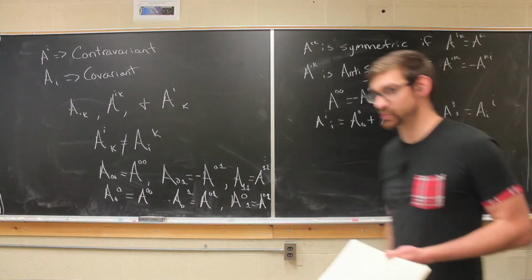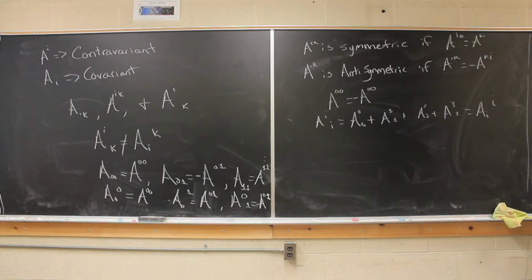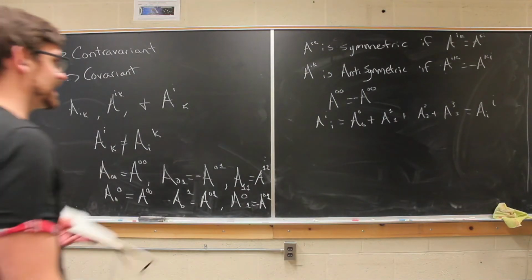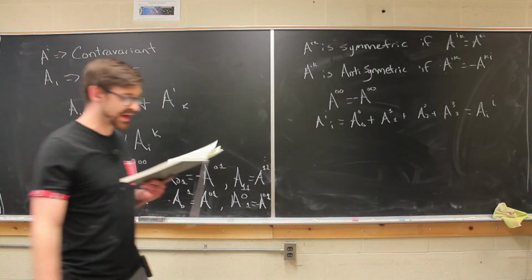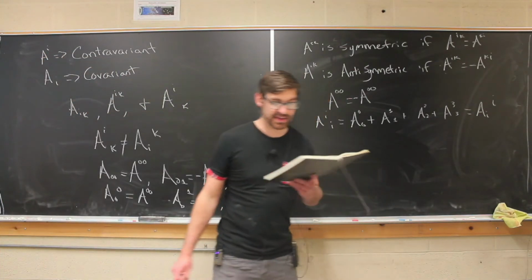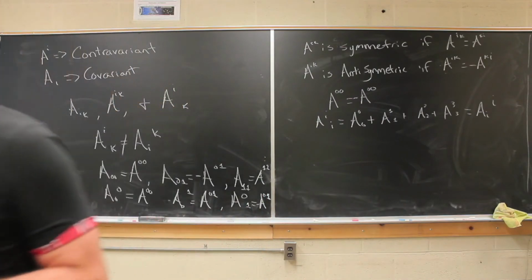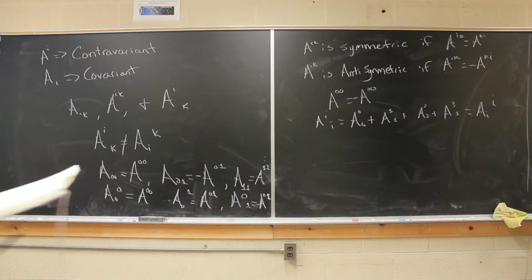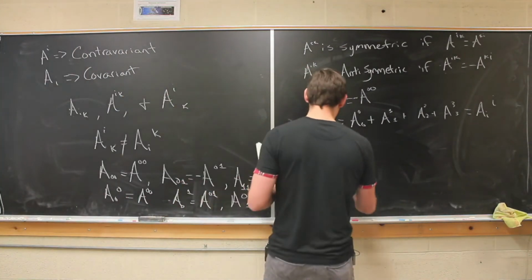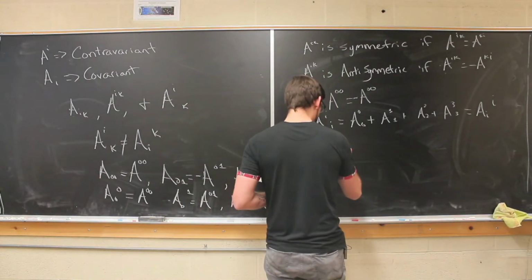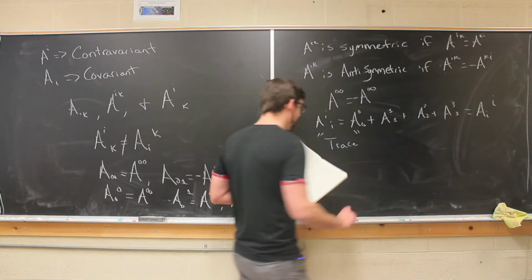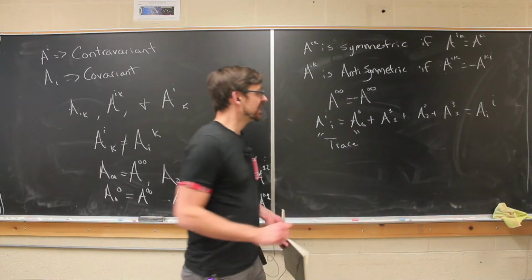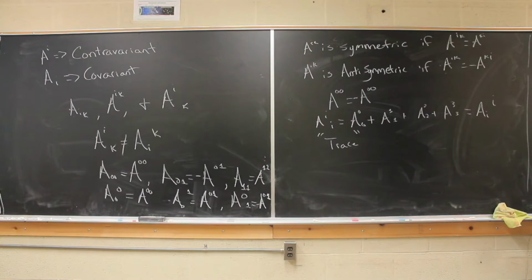It doesn't really matter which way we write this. We can now say this is the sum over all of these values. This is the trace. You can think of it as if we had a matrix, and you took just the diagonal values and added them up. This is what we call the trace, and what we're doing is contracting the indices.